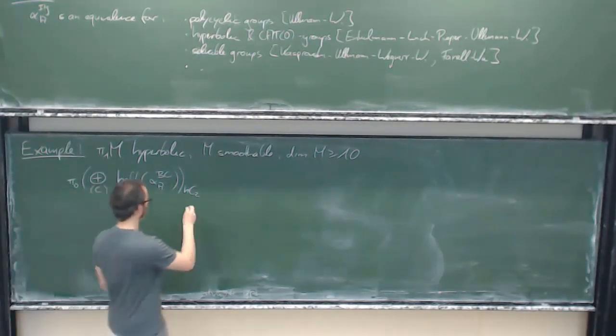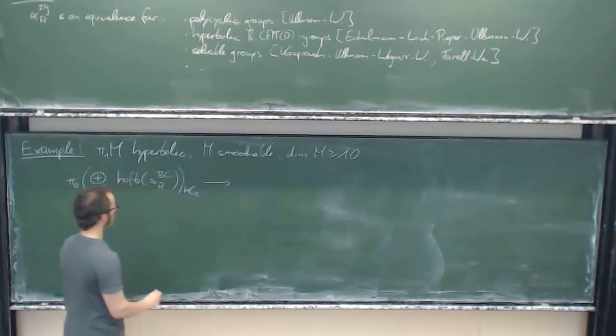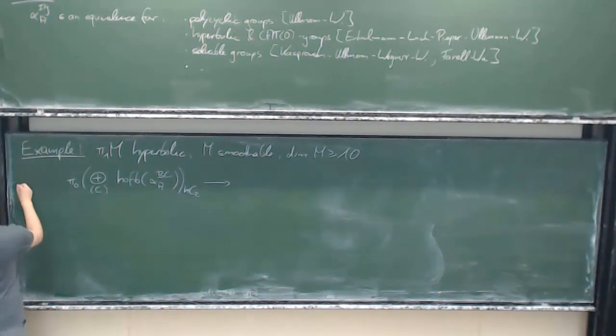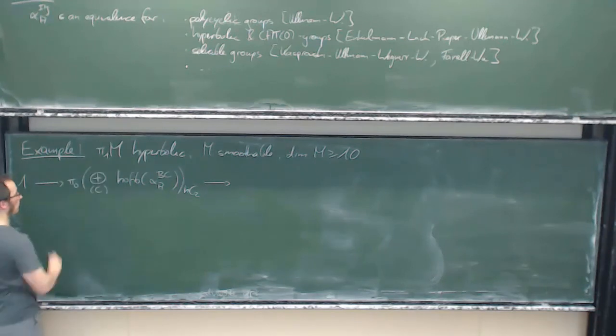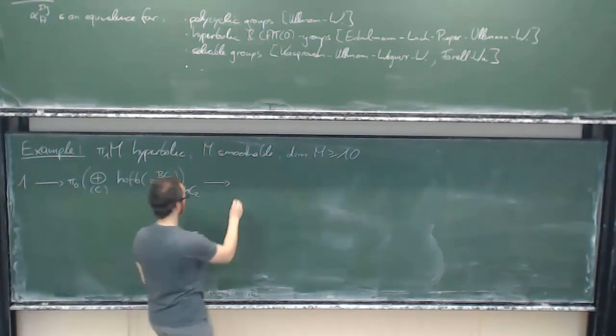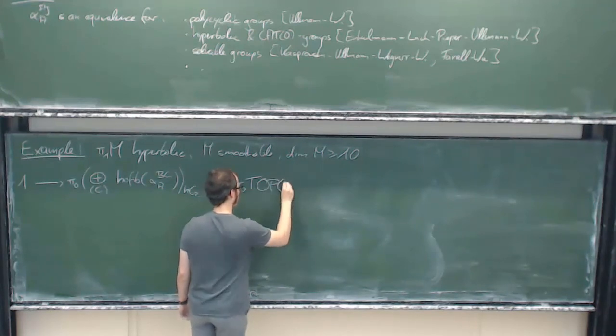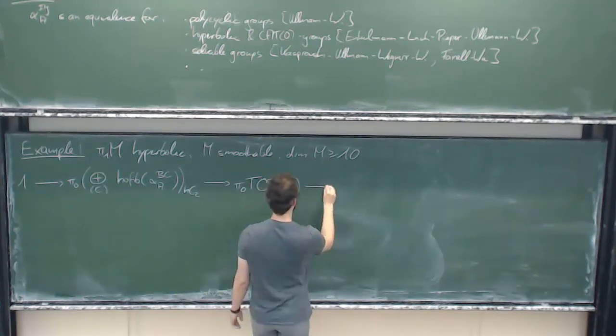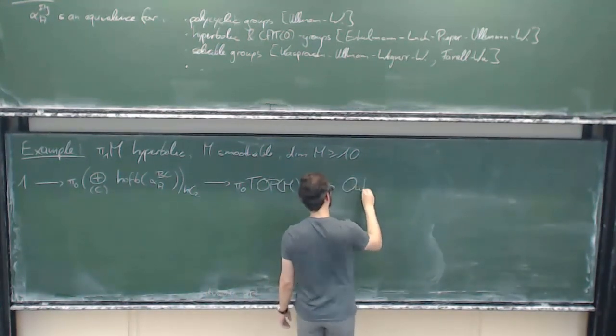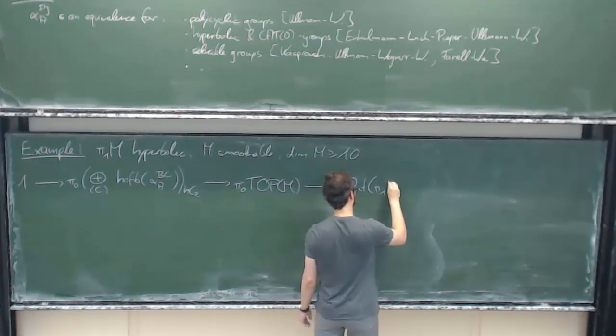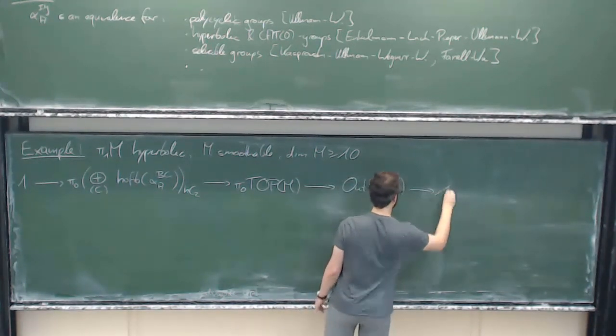Now what we know from the homotopy fiber sequence that we have, which also uses that the center of this fundamental group is trivial, is that we get a short exact sequence for pi 0 top M, which projects onto the outer automorphisms of the fundamental group.